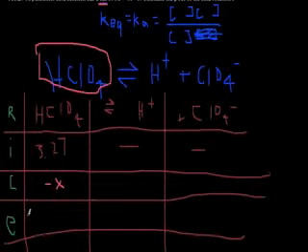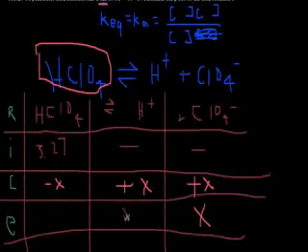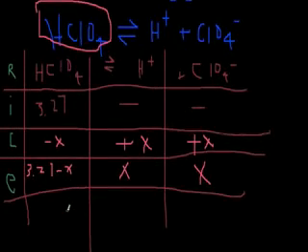So minus x is the amount that it dissociates, this gets plus x, this gets plus x, and this ends up as x. This equation is balanced, by the way. You need to remember to always balance your equation. And then this is 3.27 minus x. So you have your values.